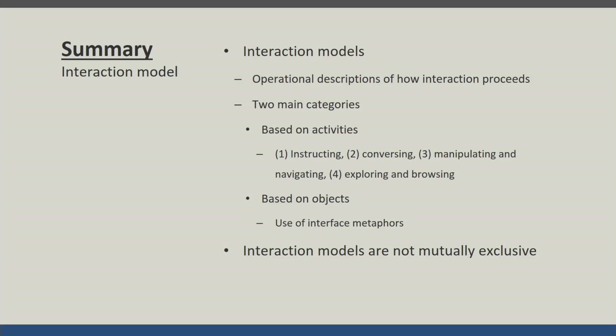Then the second category is interaction models based on objects, and there is an extensive use of interface metaphors in these models. There is one important point which I would like to leave you with: when you are thinking about interaction models, they essentially serve one purpose, that they help you conceptualize interactions with the proposed interactive product.